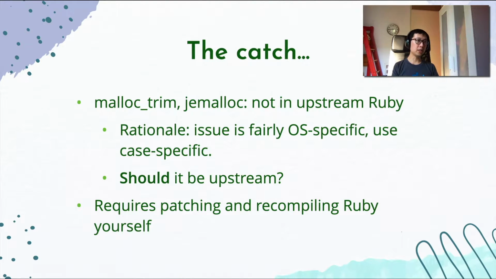Now, for many users, this question may be a bit puzzling because so many of us care about this problem. But to the upstream developers, it makes some sense because they have to care about more than just server use cases on Linux. Anyway, the reality right now is if you want to get rid of Ruby memory bloat, then you need to patch and recompile Ruby yourself.